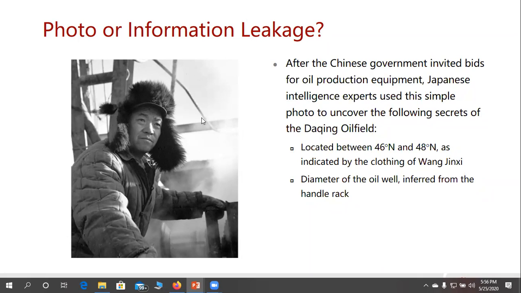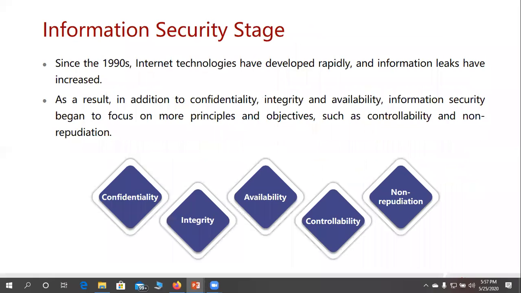Then the Japanese had access to this photo here, which gave them more information about the location of the oil field, as well as the diameter of the oil well. So the photos do carry sensitive information.